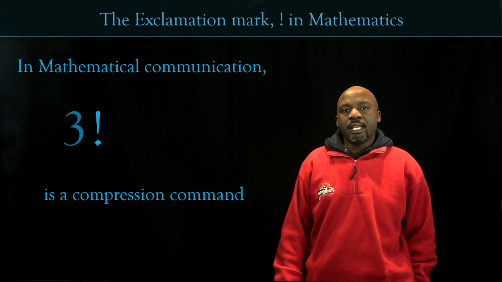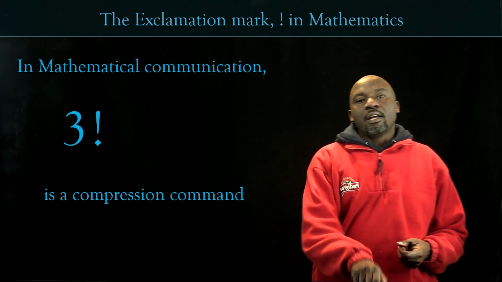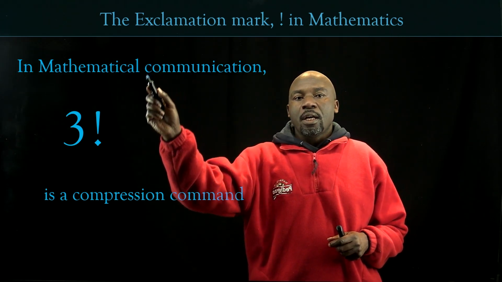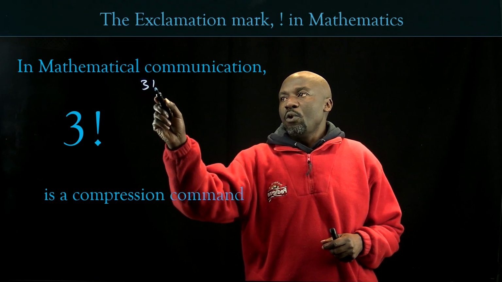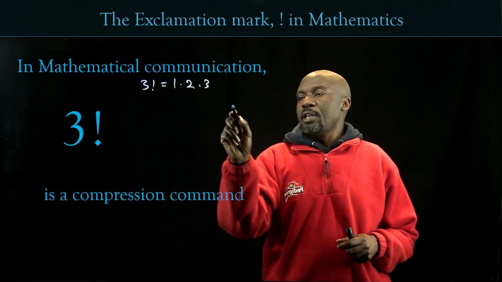So when we write 3 factorial, that would normally mean 1 times 2 times 3, all right?